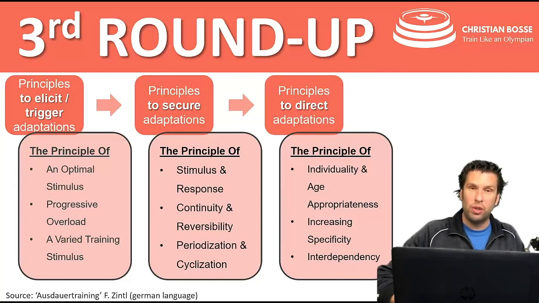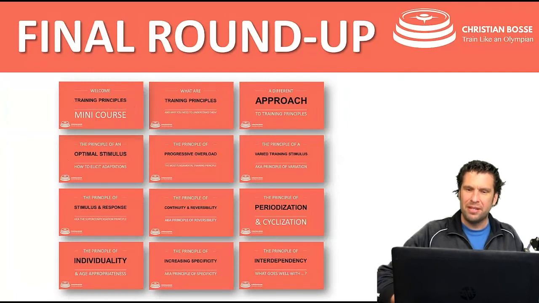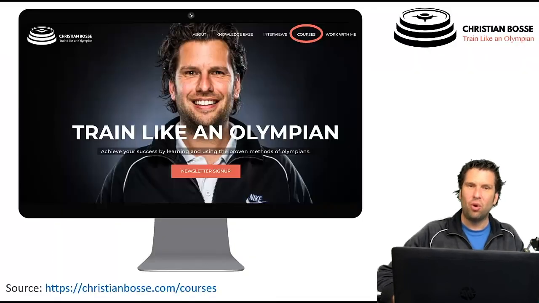And just now we concluded the principles to direct adaptations, where we looked at individuality and age appropriateness, the principle of increasing specificity, and now the principle of interdependency. So we went through all 9 training principles. We went through 12 lectures in total, which brings me to the end of this course.